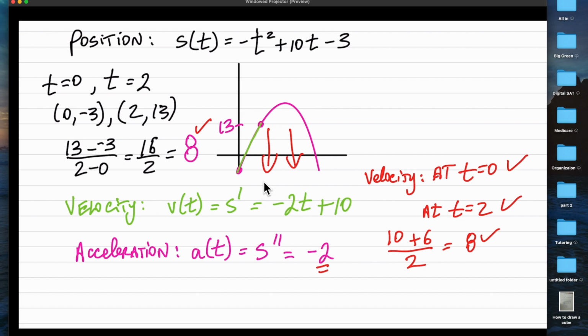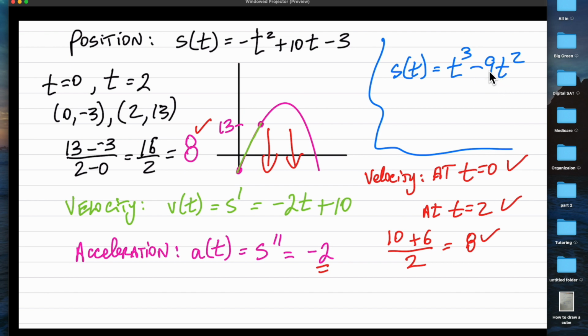However, in a few moments, later on in this video, we are going to have a function where the particle's motion is modeled by a cubic formula. Okay, something like this. Now, when you take the second derivative of that, okay, so s prime of t is going to equal 3t squared minus 18t. And when you take the second derivative of that, you're going to get 6t minus 18.